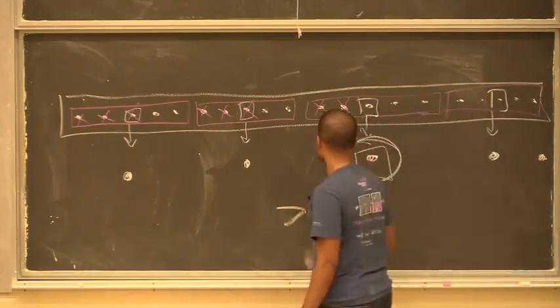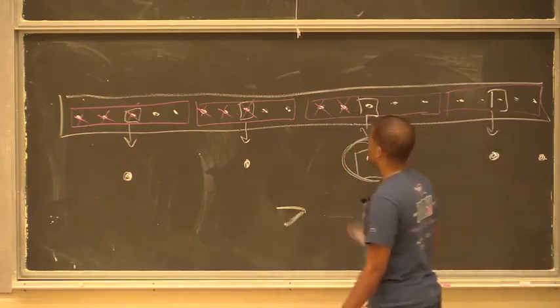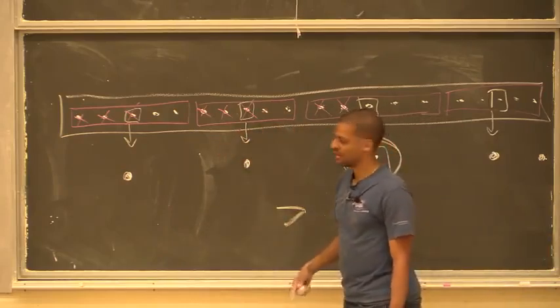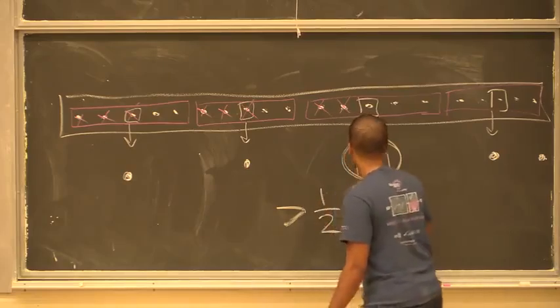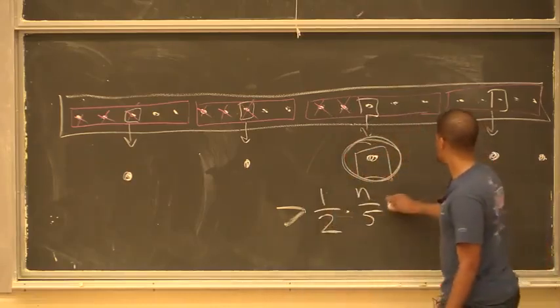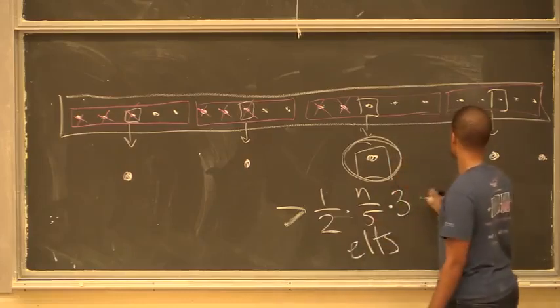So I am guaranteed that this person here is bigger than how many people? Well, in half the groups, he's bigger than 3 people. How many groups are there? There are n over 5 groups, so half the groups, he's bigger than 3 people. But this is just 3n over 10.